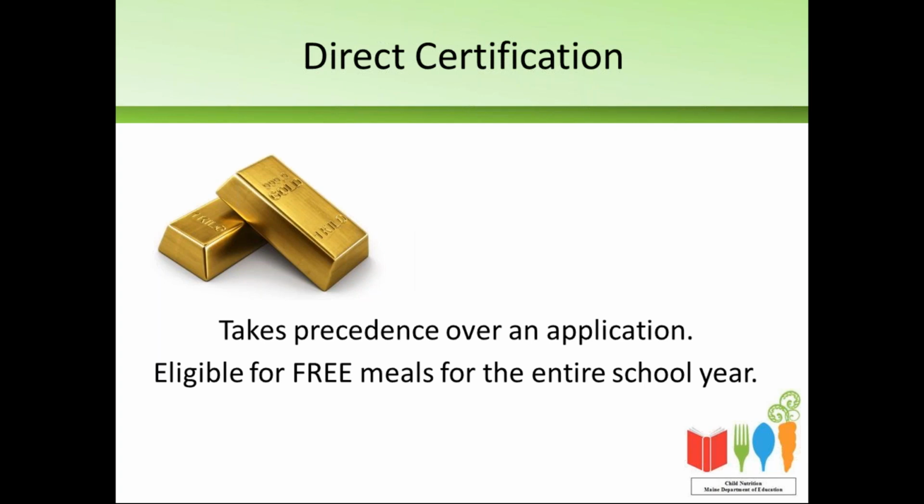If I get a letter that says my children qualify for free meals based on the direct certification list, and I decide I don't want them to get that benefit, ask that family for that in writing. They can send it to you in email, they can send you a letter, but for the safety for you in getting that benefit, ask for that in writing.